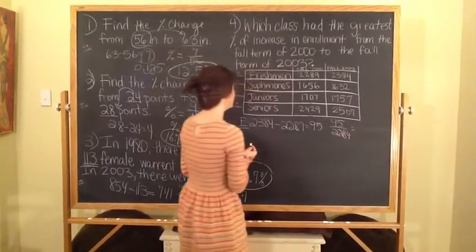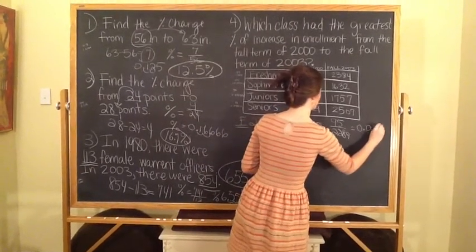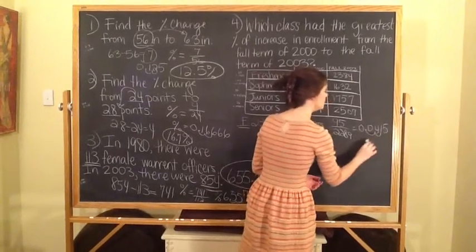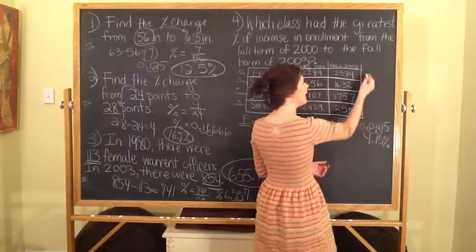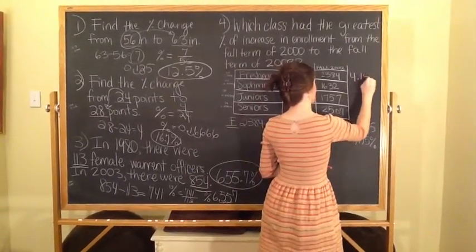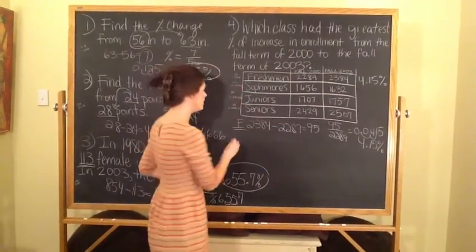And we are going to get 0.0415. Now we need to go ahead and change it to a percent. So we're going to move it 2 places to the right. So I'm going to move up 4.15%. So I'm going to go ahead and just write it here to the side. 4.15%.